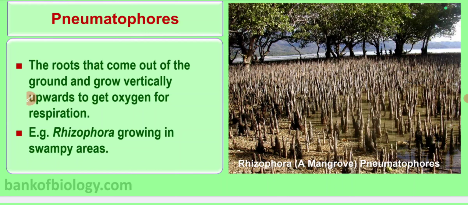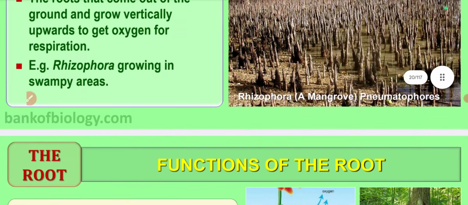As you can see in the diagram, it is a swampy or mangrove area where the roots come out from the soil and grow vertically upward to get oxygen for respiration of the plant. Because all the time, 24 hours, the soil is surrounded by water and becomes swampy, the roots do not get proper oxygen for respiration. That's why the roots grow vertically upward and come out from the soil.